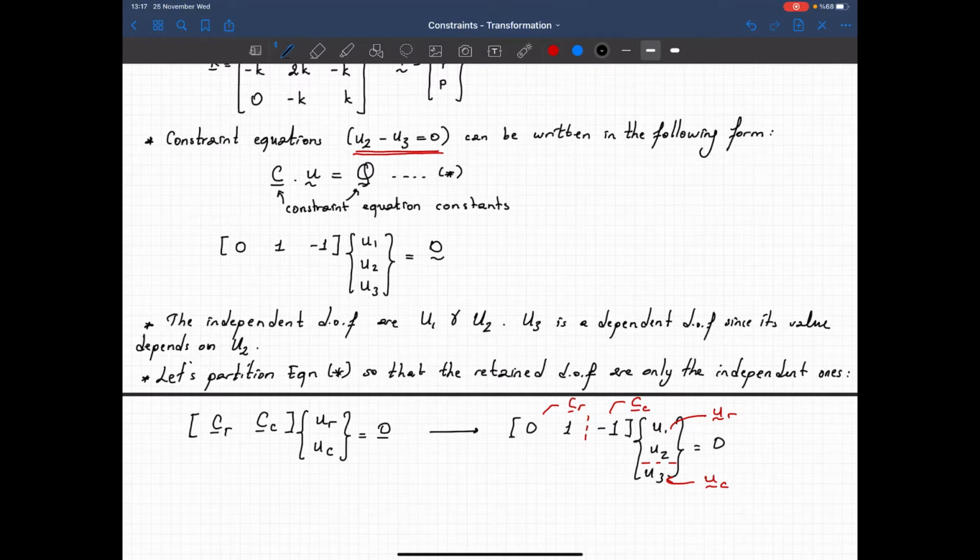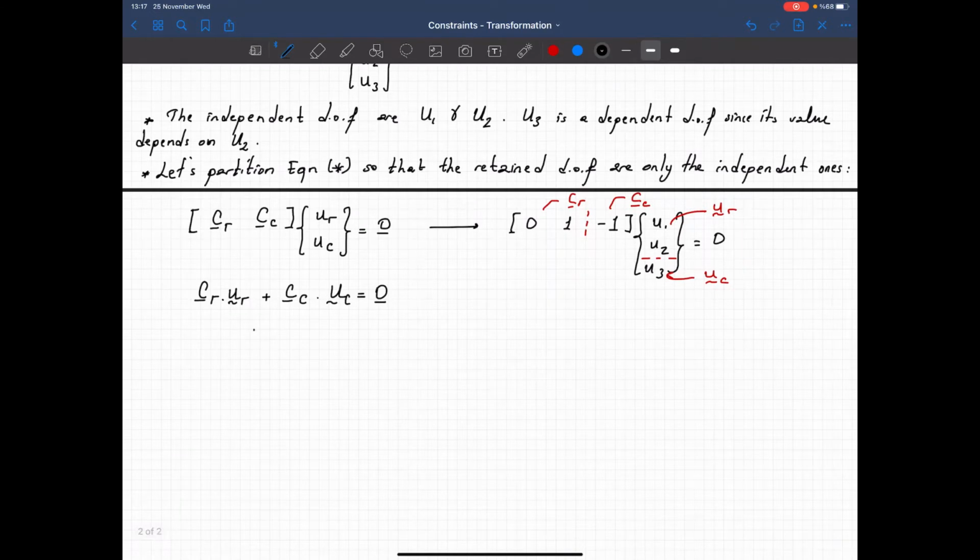Now, I'm multiplying CR with UR plus CC times UC is equal to 0.